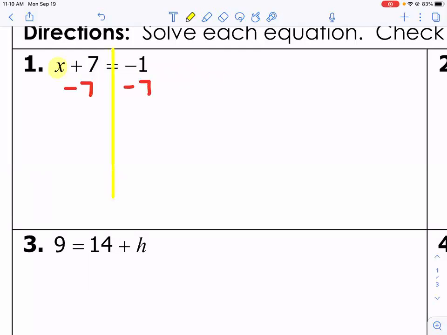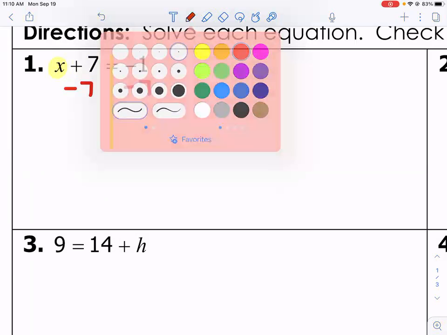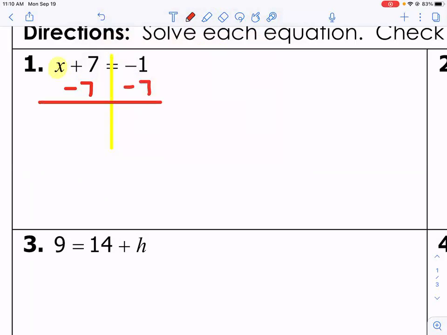Now, if you need to make a line so you know the two sides, that might help you. All right, so now over here, the whole point of +7 minus 7, what happens? It cancels out, it goes to 0. So I have x equals, over here I have -1 minus 7. Now we just did an entire unit of adding and subtracting and multiplying and dividing integers.